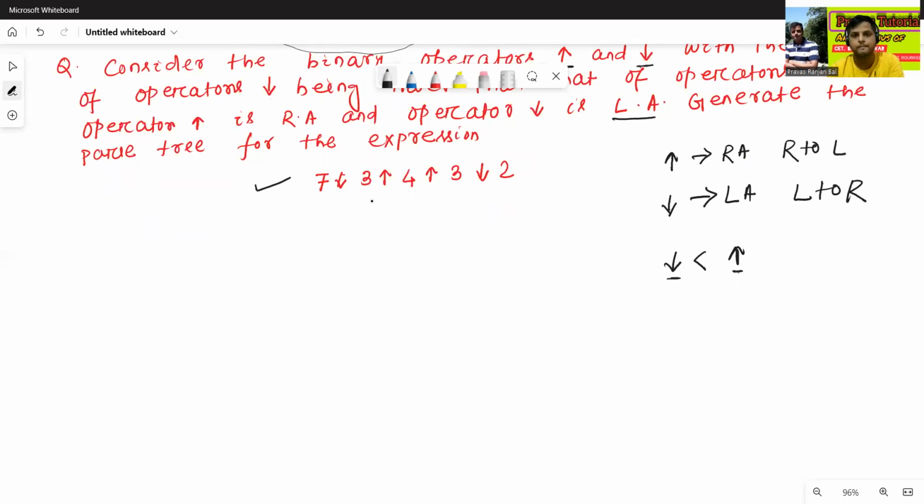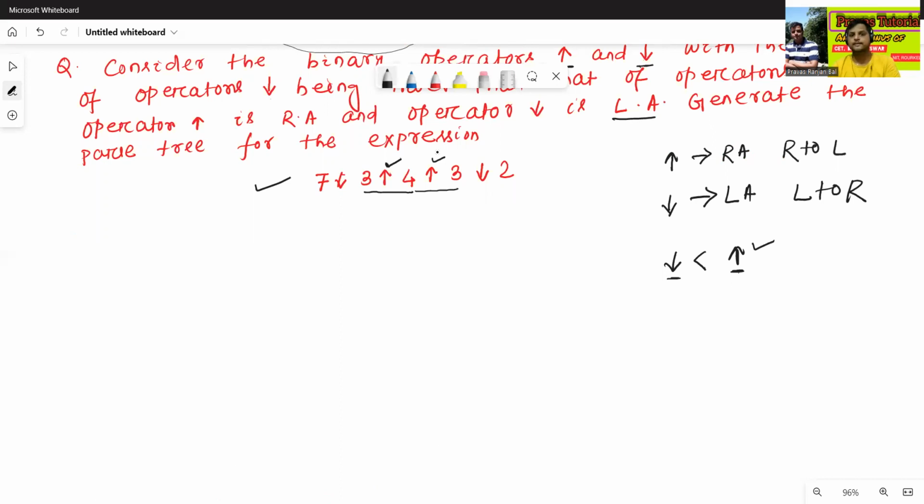That means top level, and the upper arrow mark, this arrow mark, will be evaluated at the bottom level. So first we'll evaluate either this one or this one.